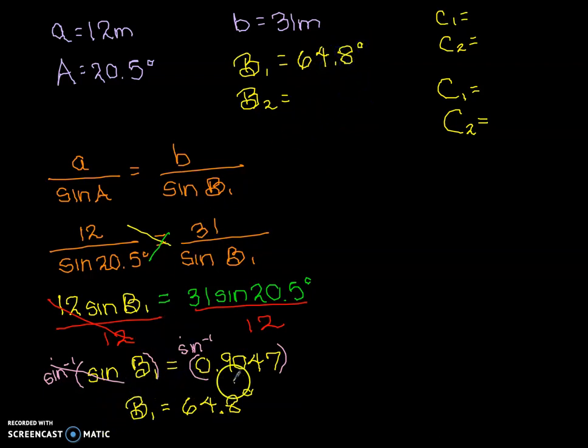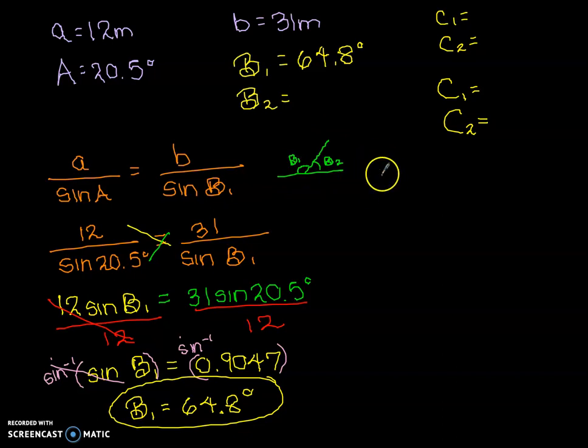Now, how do I find the second angle for B? I'm, again, not an artist, so I'm just going to give you a brief visual. Remember, there are two triangles in one. What happens with angle B sub 1 and B sub 2 is that, in the two triangles, they create a straight line. So you can always use this as the formula when there are two solutions. B sub 1 and B sub 2 equal 180 degrees, because remember, in geometry a straight line forms 180 degrees.